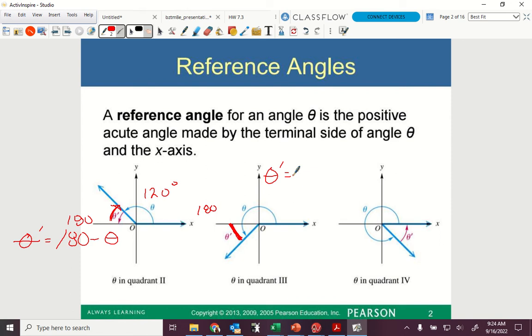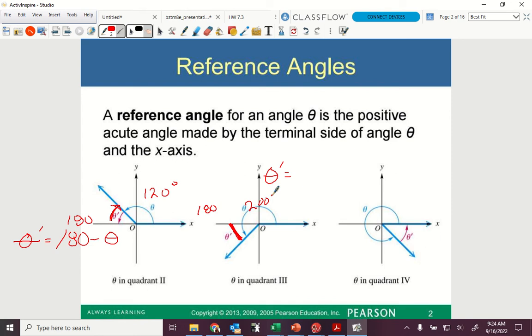This one right here, this is theta, and this is theta prime. Let's say, for instance, this theta, the one in blue, is 200. What would I do to get my reference angle there?